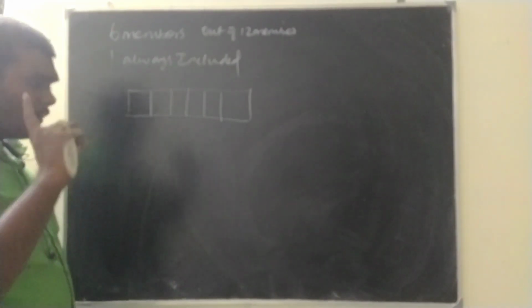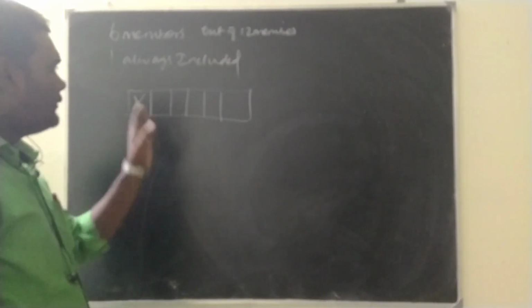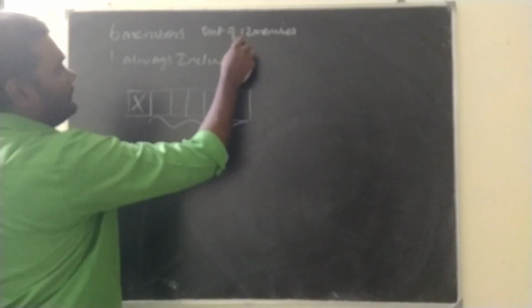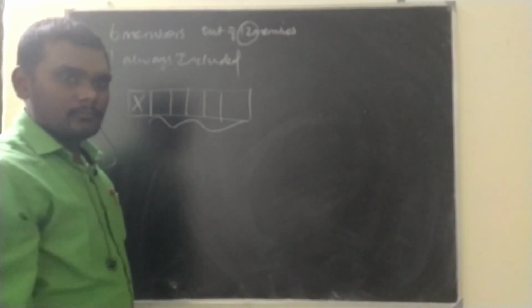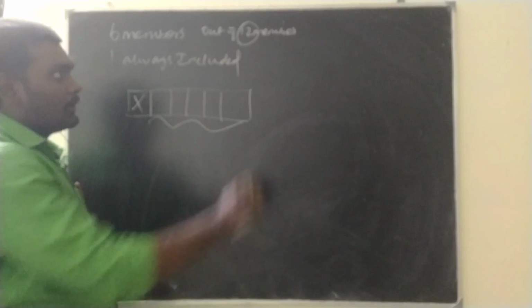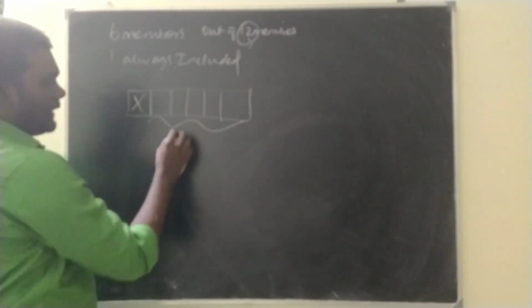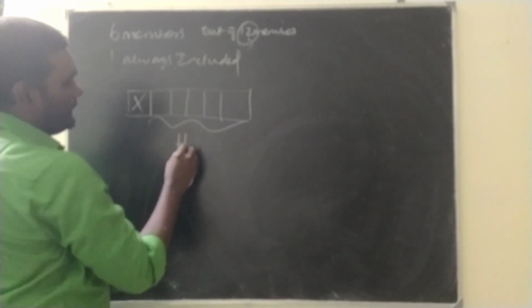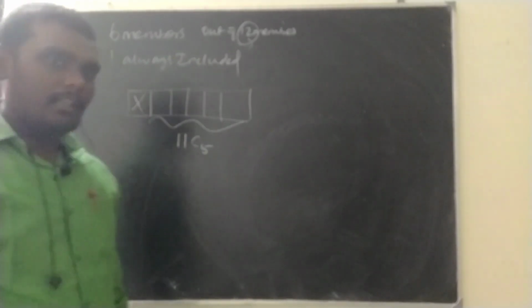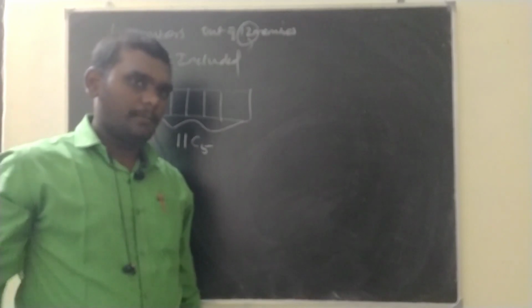In this, 1 member is always included. 1 spot is registered. Then still how many do we have to choose? 5 members from 11, because 1 member is already included here. So the selections can be made in 11C5 ways.